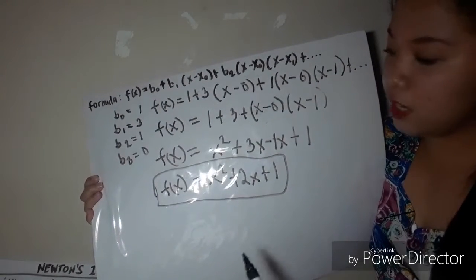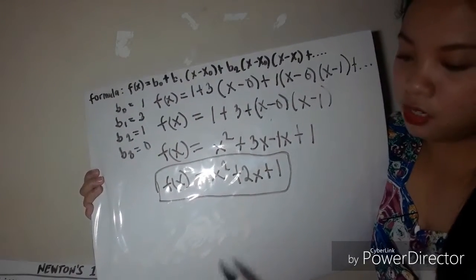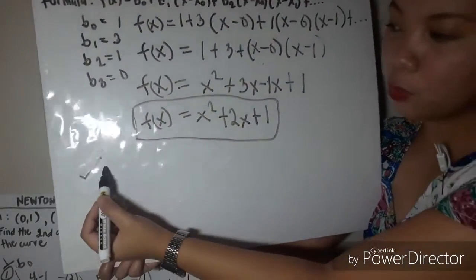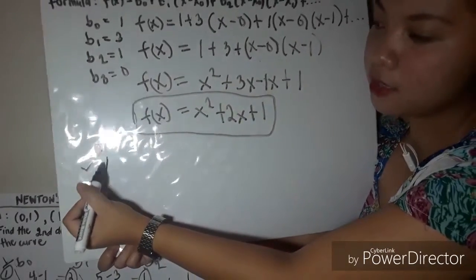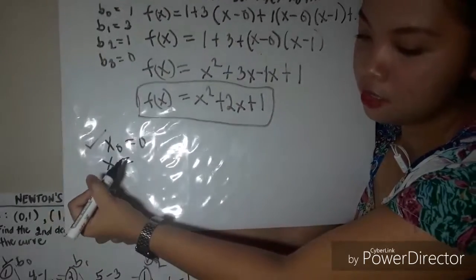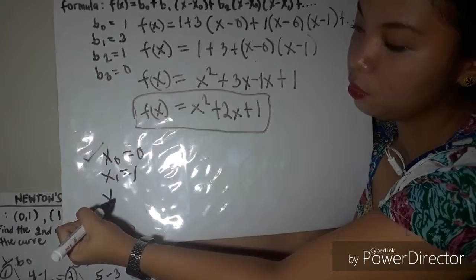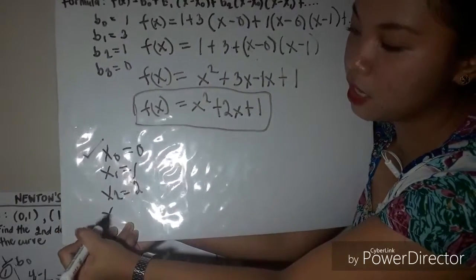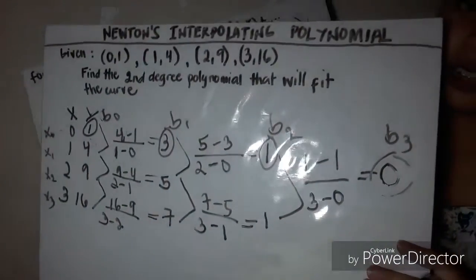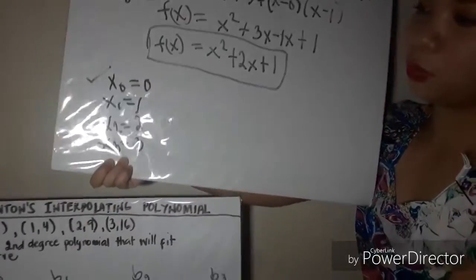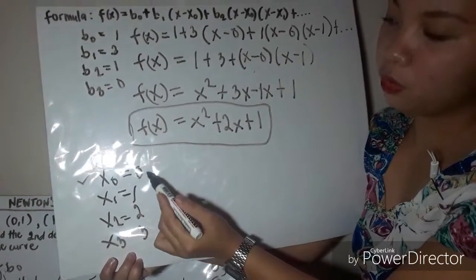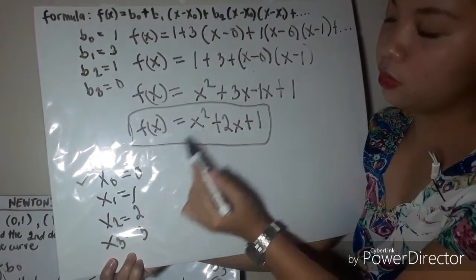To check if it's the right answer, we substitute all the x values to get the y-axis. Our x sub 0 is 0, our x sub 1 is 1, our x sub 2 is 2, and our x sub 3 is 3. To get the y values, just substitute them into the given function.